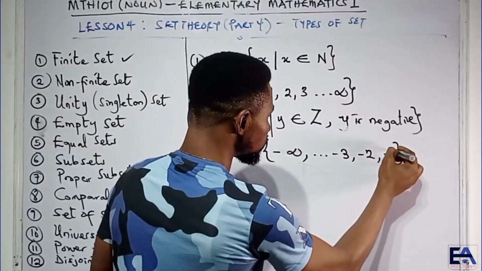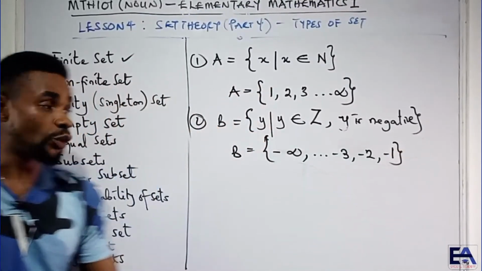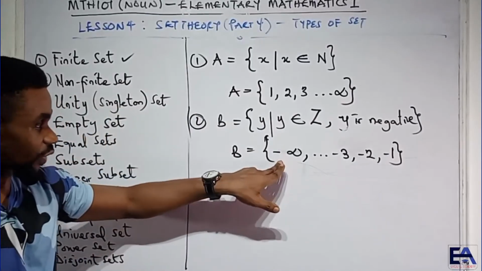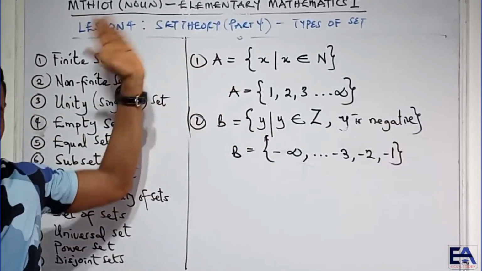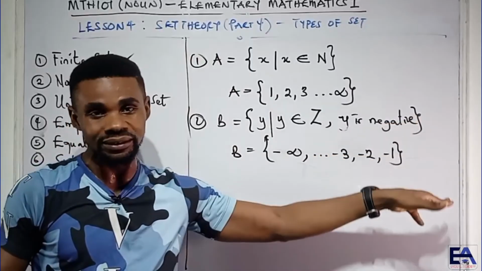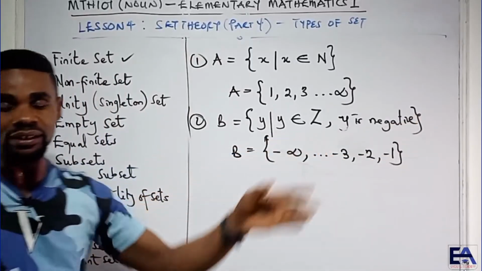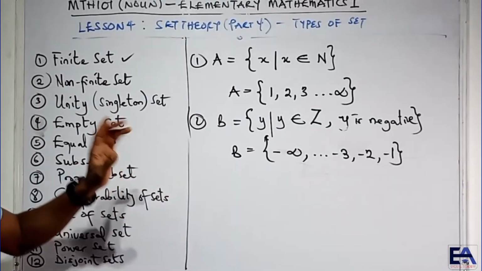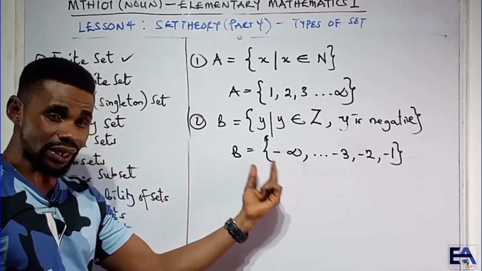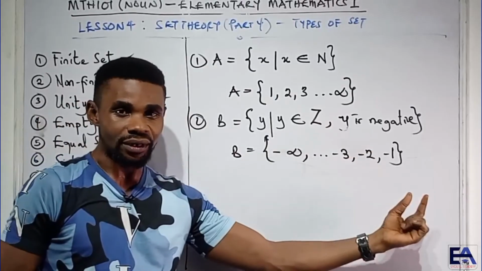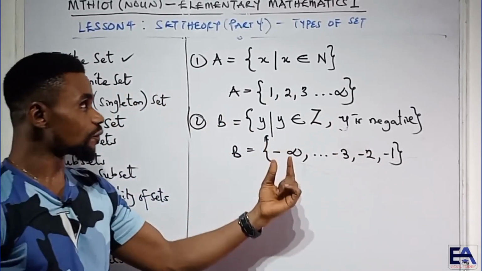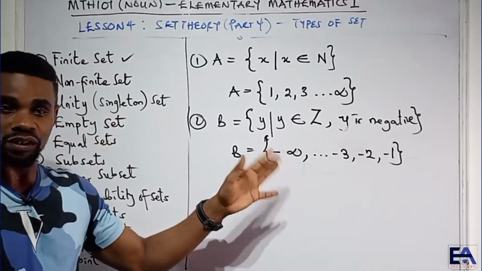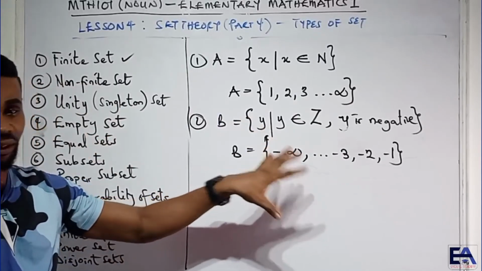So at the end of the day, we have negative infinity, we don't know where it started from, and it ends at -1 because that's the last negative whole number. This one does not start from anywhere, but it ends somewhere. It's also a non-finite set because the number of members cannot be counted.